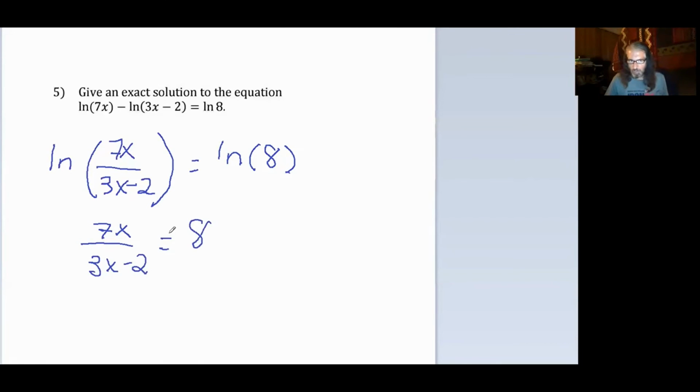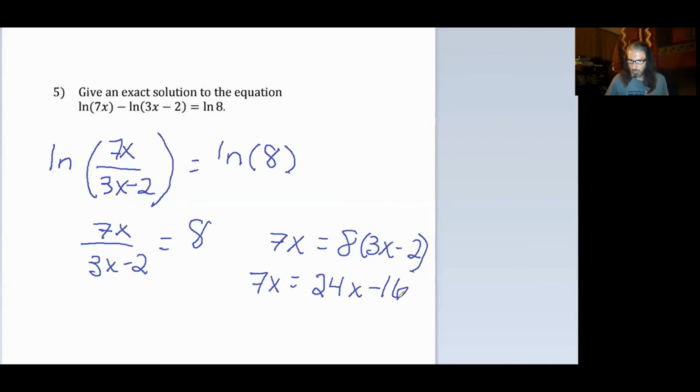That's going to allow us to drop off the natural log from both sides. I don't like that we've got a fraction here, so I'm going to multiply both sides by 3x minus 2 to get rid of the fraction on the left side. And on the right side, I'll have to distribute. Getting the like terms together, 7x minus 24x will be negative 17x. So I'll divide both sides by negative 17, which will cancel the negatives.